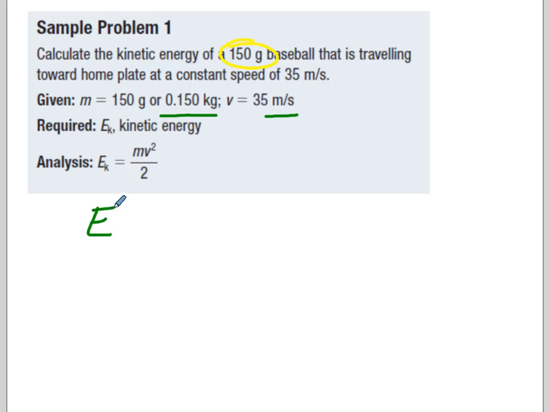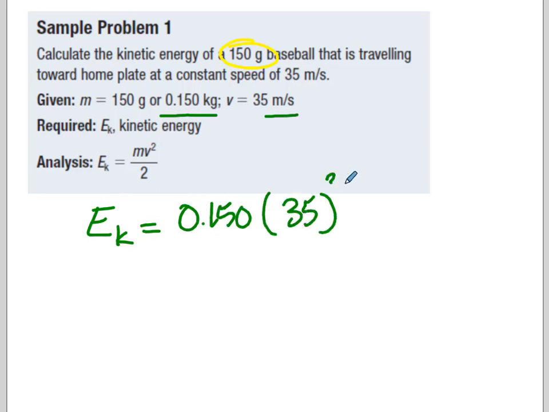And all we have to do is plug in the appropriate numbers and let the calculator do all the hard work. So we can do 0.15 times 35 squared, that's really important, divided by 2.